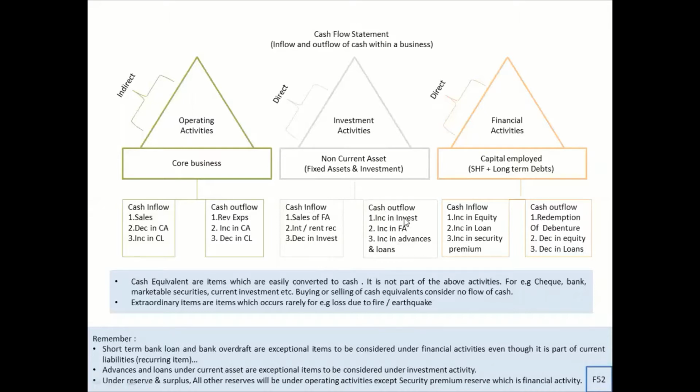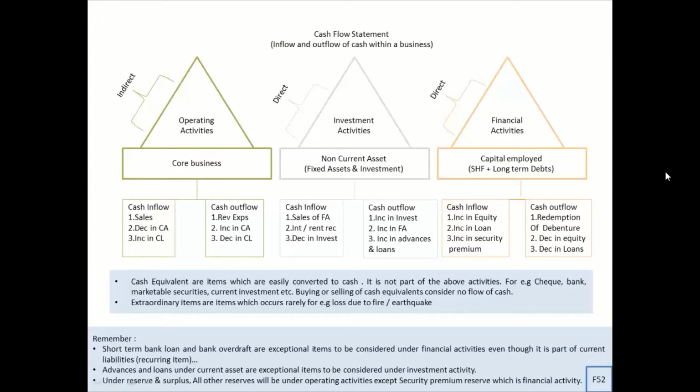That means cash has gone out. So that becomes your cash outflow. All right. Financial activity, if the equity increases, that means you have issued equity shares. What will the public give you? Public will give you cash, right? So that is the cash inflow.